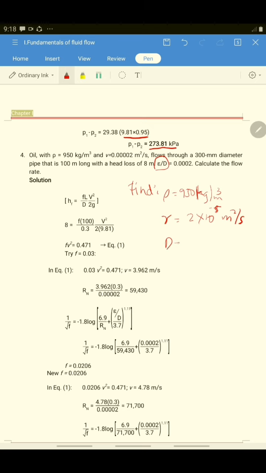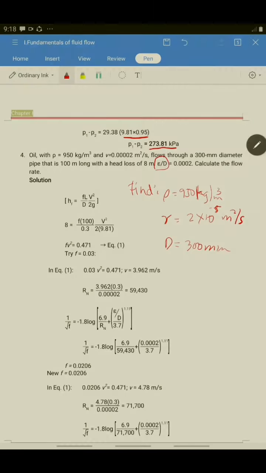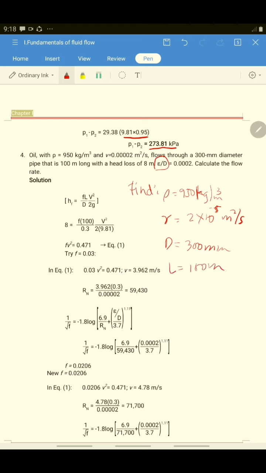Then the diameter is 300 mm. You also have the length, which is 100 meters. Head loss is equal to 8 meters. The relative roughness is equal to 0.0002.